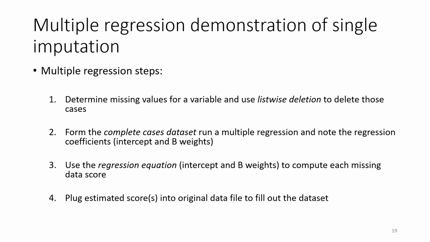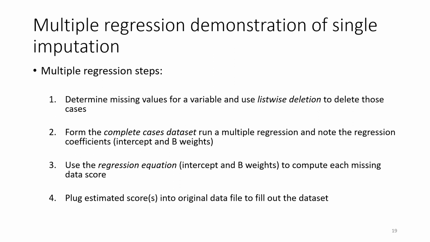Step 3, we're going to use the regression equation that would be associated with the regression analysis that we did to compute the missing score, or the score for the missing data for one participant. Then in step 4, we're going to plug the estimated score and scores, after we do this multiple times, into the original data file to fill out the data set.